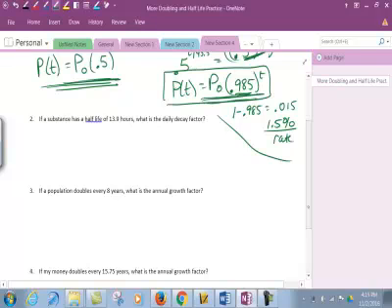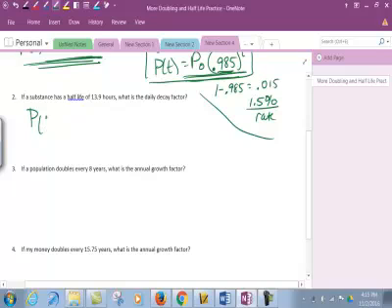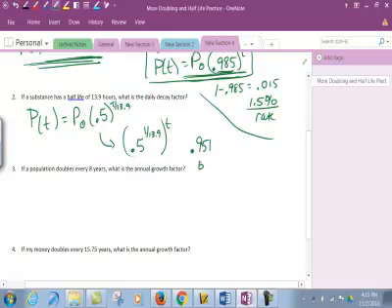Okay, so let's try this one. Now we have a half-life of 13.9 hours. Using the same procedure that we did in the problem before, we're going to make this T over 13.9. So we're just going to take the 0.5 out first, take it to 1 over 13.9, and then to T. When we put 0.5 to the 1 over 13.9 in our calculators, we get 0.951, and that is the b, the daily decay factor.